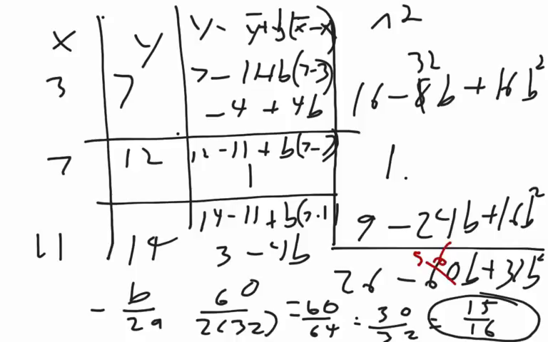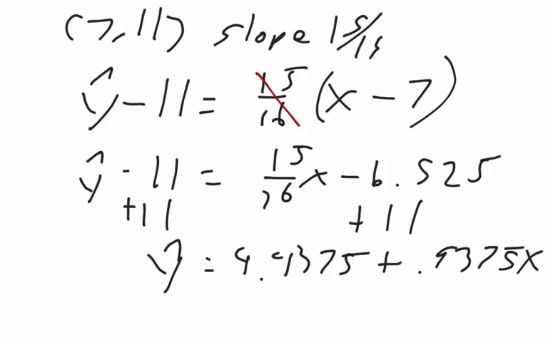And so when we put down 56 over 64, then the slope becomes 7 over 8. And then 7 over 8 times 7 is 6.125.